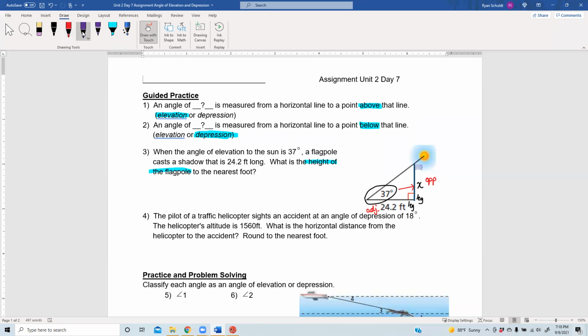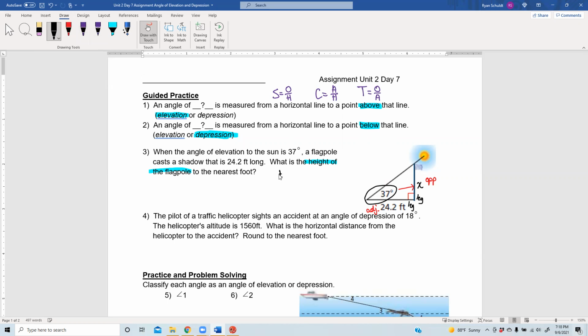So if we think to our trig ratios, SOH CAH TOA. Which trig ratio would I want to use with the opposite and adjacent? Tangent.